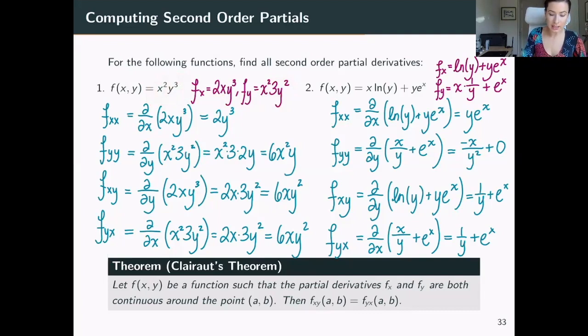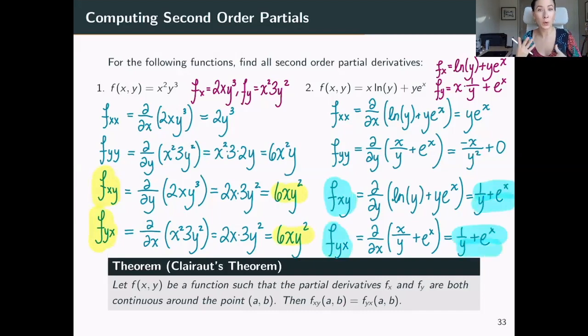Then once we take the derivatives with respect to x again, y again, and doing the different combinations, there are always going to be, for two variable functions, 4 total second order partial derivatives. And something that you may have noticed is that when we took the partial xy and the partial yx, in both examples, we ended up getting the exact same result.